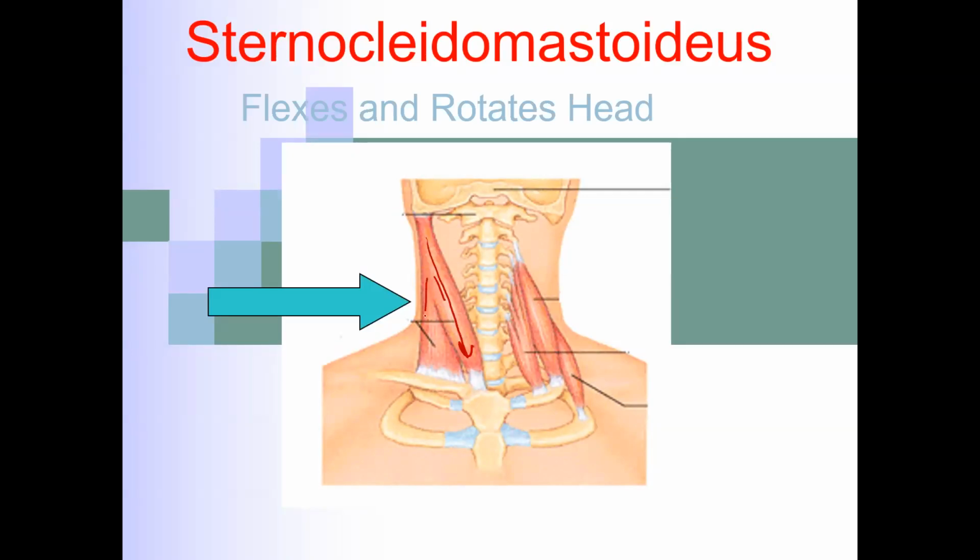If this part contracts instead strongly, the head simply gets pulled down. Okay? So sternocleidomastoid causes flexion and rotation of the head. So notice here, I am telling you the muscle name. I am telling you the motion the muscle causes. All right? Which obviously means I need both of these.